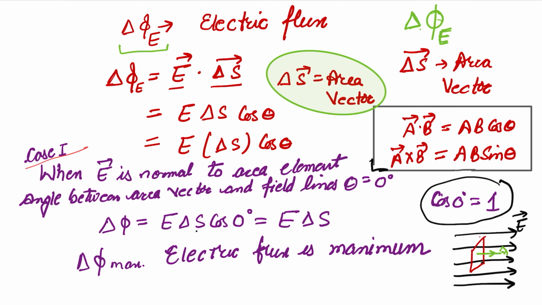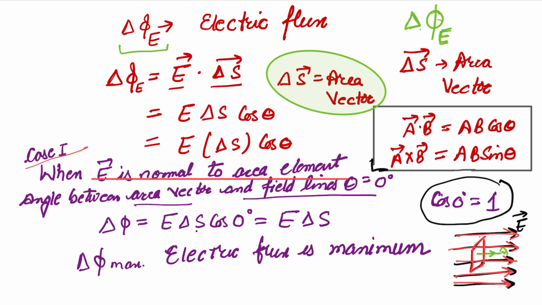Case 1: when the electric field is normal to the area element. So we can see in the figure, this is our area element and we have chosen the electric field normal to the area element. During this situation, the angle between the area vector and the field line will be equal to 0 degree, because we know that the area vector is normal to the area element and we have chosen the electric field normal to the area element.